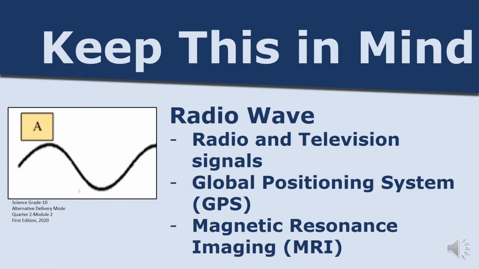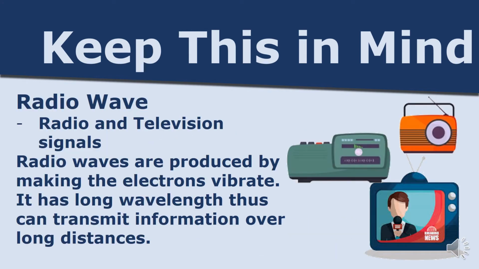Right, radio wave. Radio wave is used for radio and television signals, global positioning system or GPS, and magnetic resonance imaging or MRI. Radio and television signals: radio waves are produced by making the electrons vibrate. It has long wavelength, thus can transmit information over long distances.